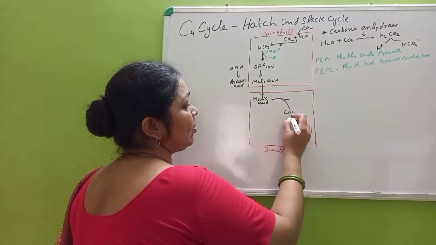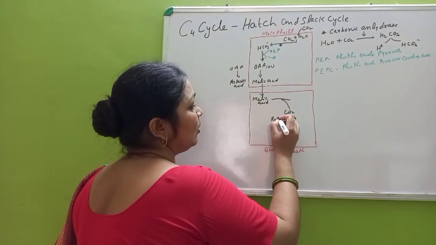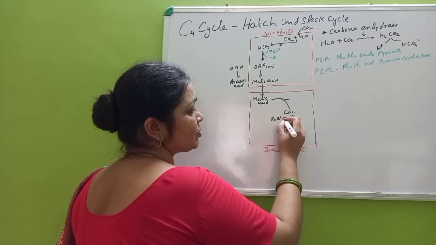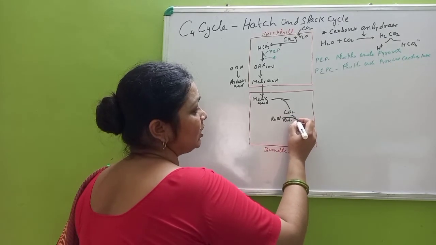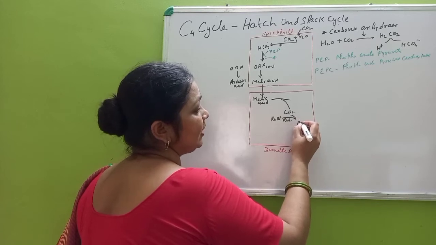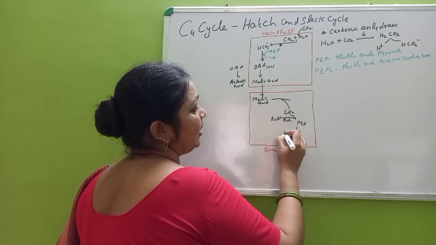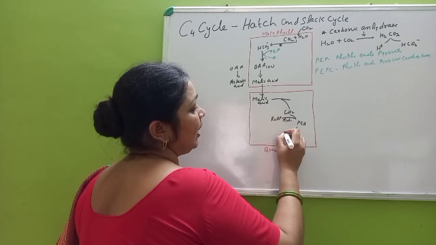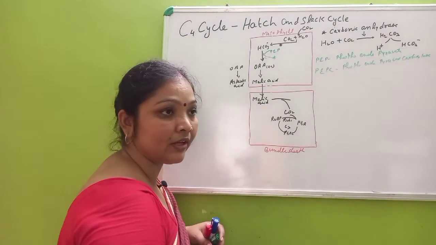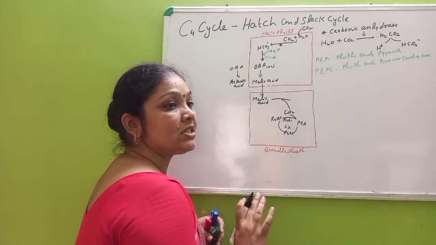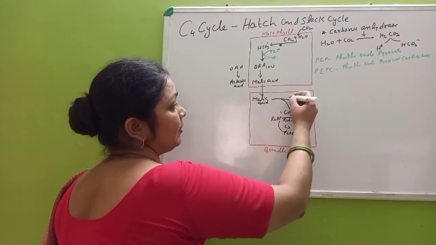This carbon dioxide, with the help of RuBP and Rubisco present here, will enter into the C3 cycle and ultimately form PGA and then PGAL, and the C3 cycle will go on here with the help of this 1 carbon atom.